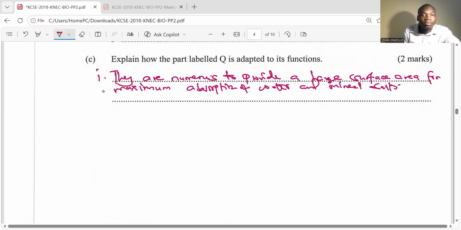Number two, they are numerous still. There should be an O here.